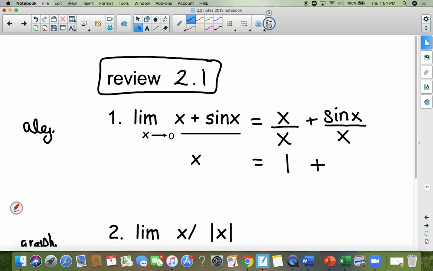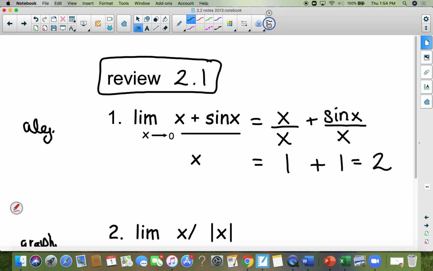So the answer to this problem is 2. You have to know what your x value is going to. Does everybody understand that problem? Everybody got it? Yep.